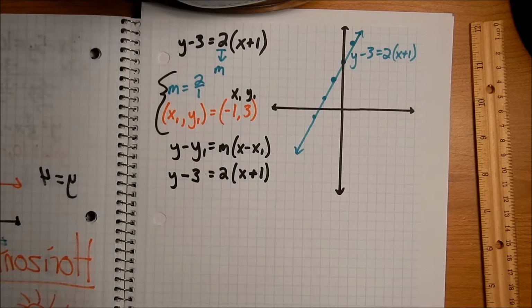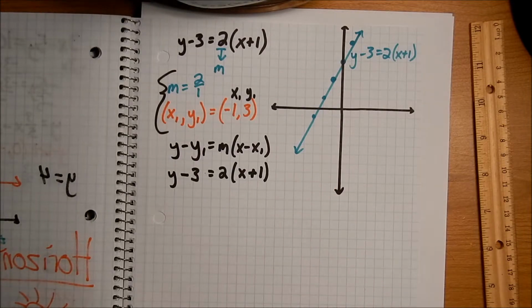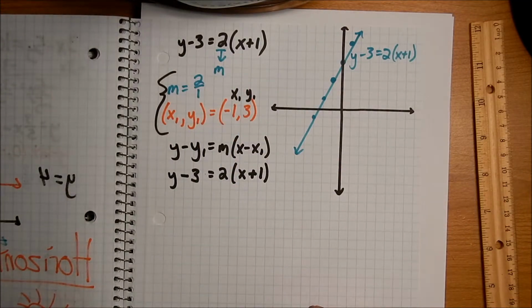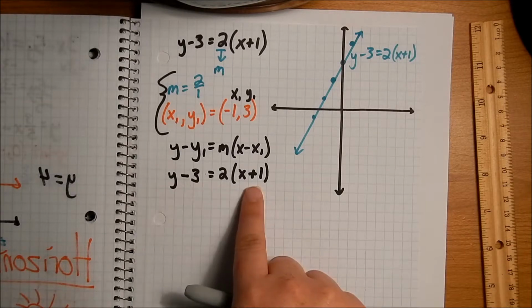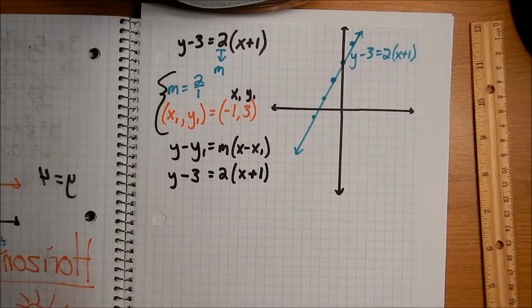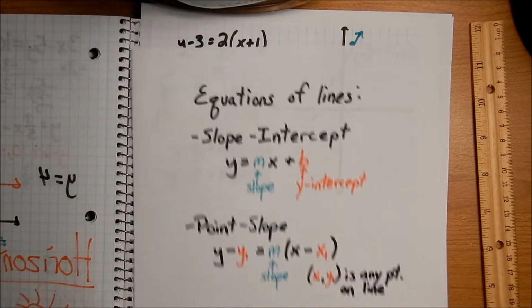Another way that we can double check that we have our graph right is to rewrite our equation that was in point slope form into slope-intercept form. So how do we do that? Well, I have the equation right down here. So if you remember slope-intercept form, y equals mx plus b.